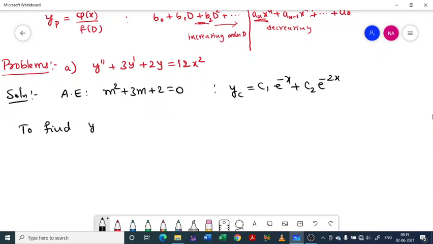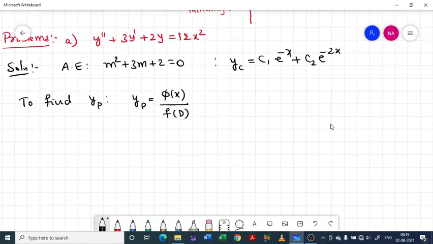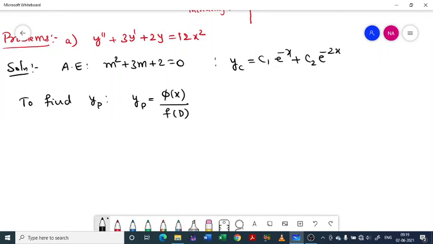So this is the important part. To find yp equal to phi of x divided by f of D. Now you have to write f of D in increasing order. So I'll write here once again: yp equal to 12x square divided by 2 plus 3D plus D square.